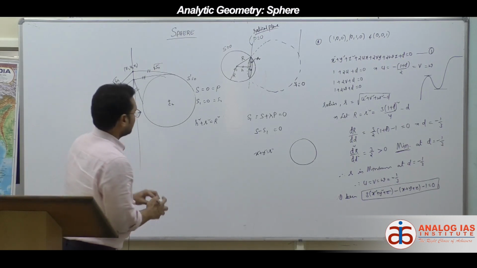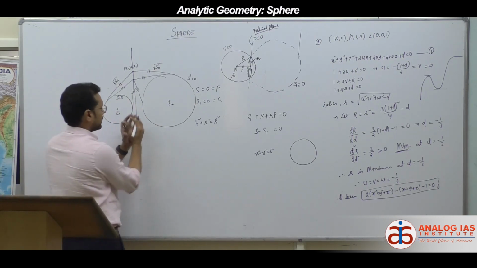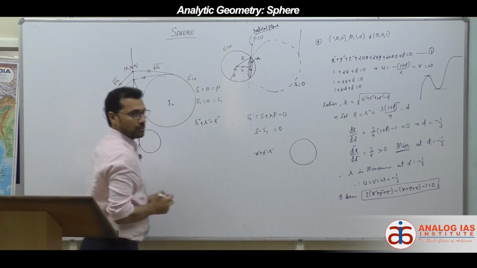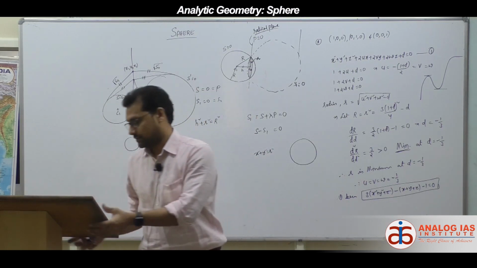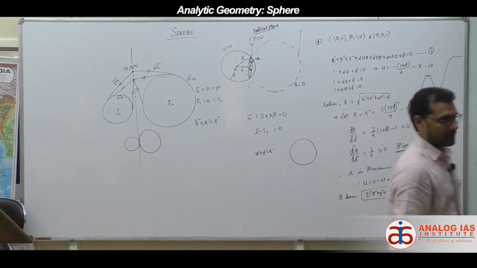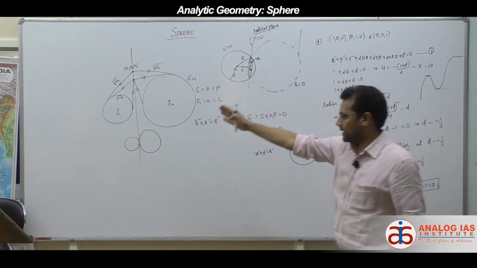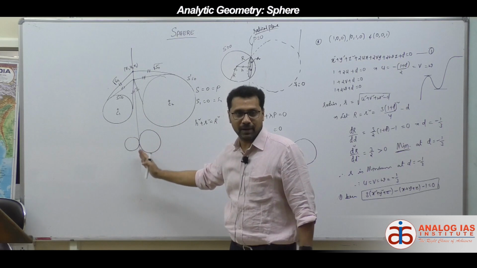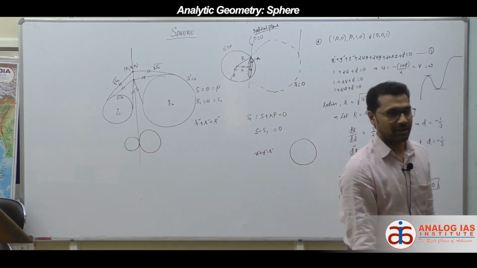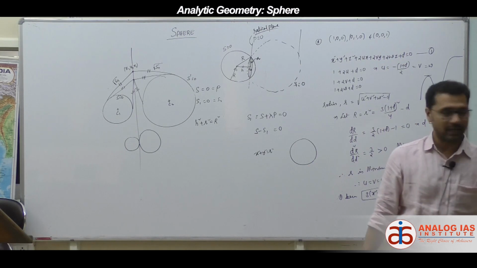Now let us go for a scenario wherein both these spheres touch each other. When both the spheres touch each other, the common tangent plane itself becomes the radical plane.